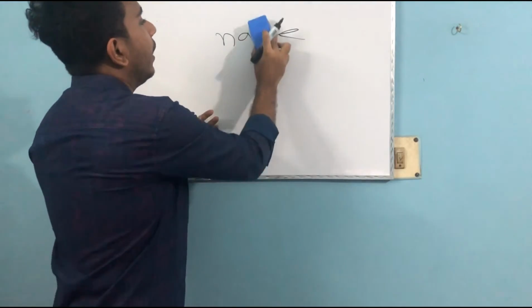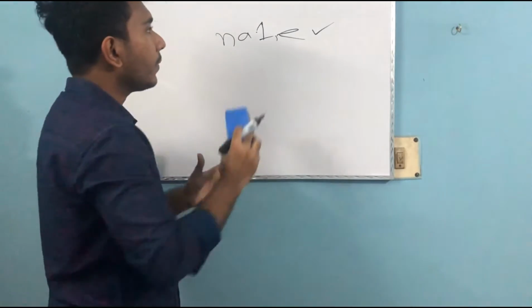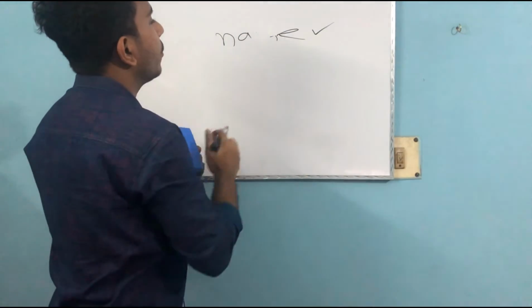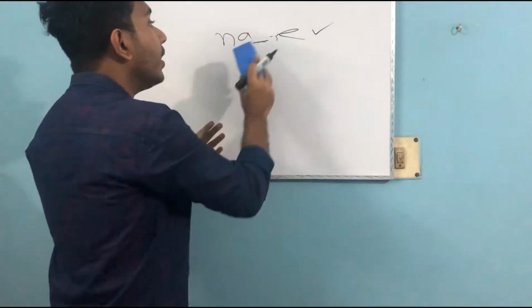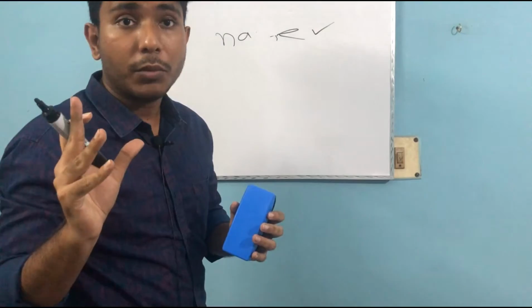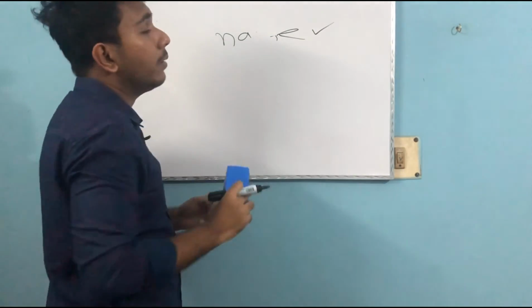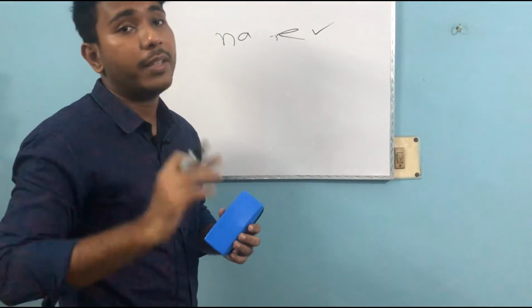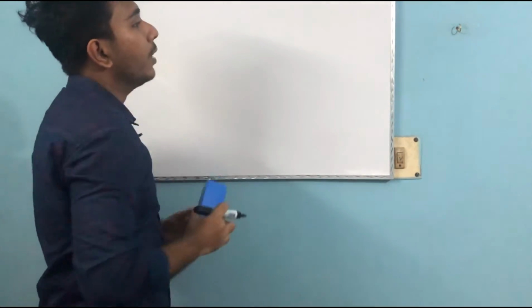Suppose I am giving this one, this is valid. I am giving an underscore here, this is valid. Without these, nothing else can be provided, because otherwise the name will not be understandable by the computer. You have to understand this is the main rule.